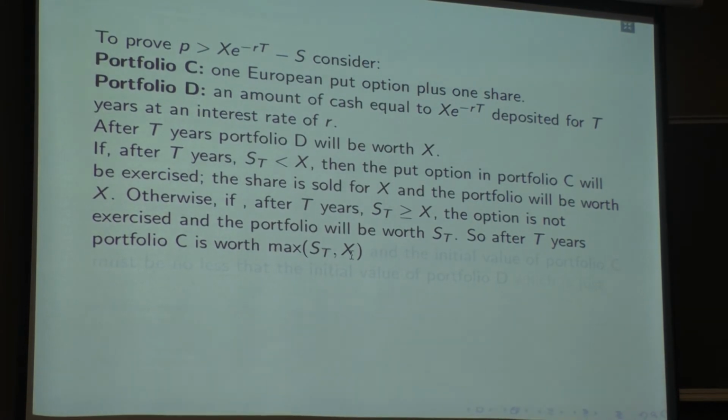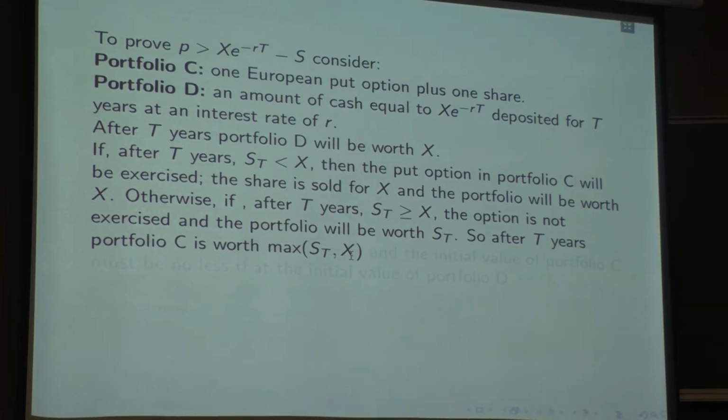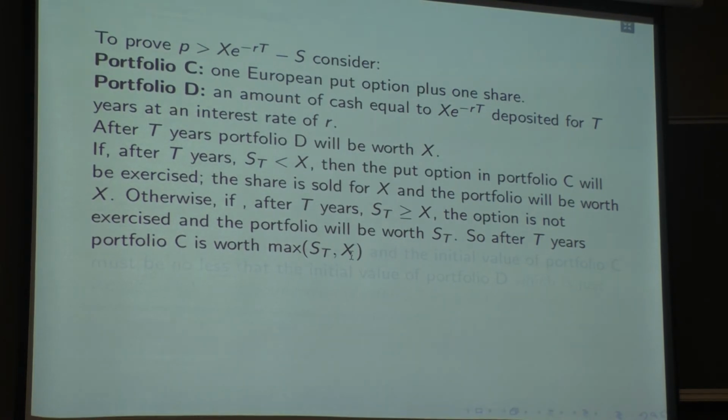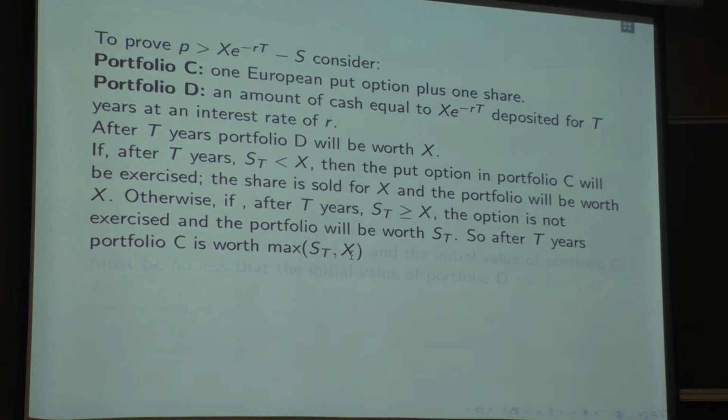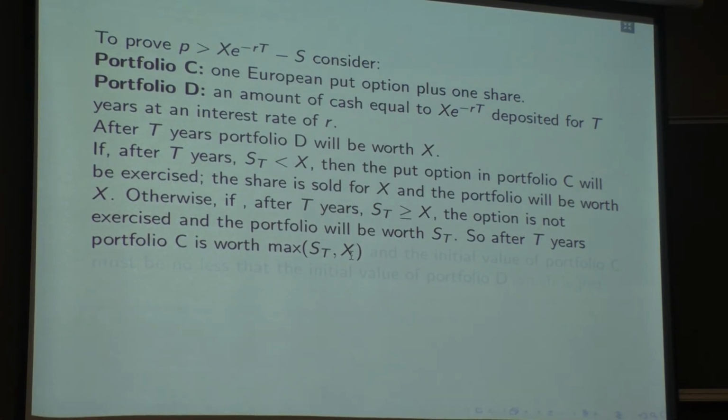So we have portfolio C whose value at time T is greater or equal to the value of portfolio D at expiration time T, we have the same relationship at every previous time. In particular, we have the same relationship between the prices of the portfolios at time 0. So let's write down what this is telling us about time 0. We look at portfolio C at time 0.